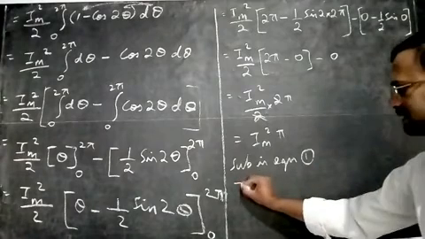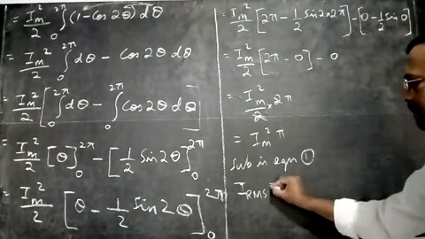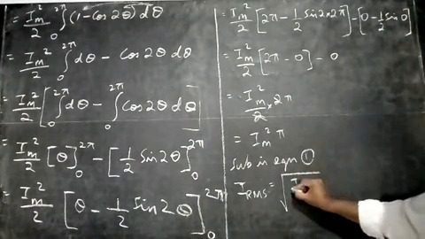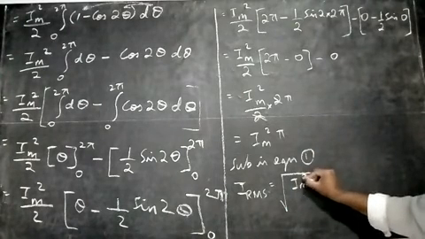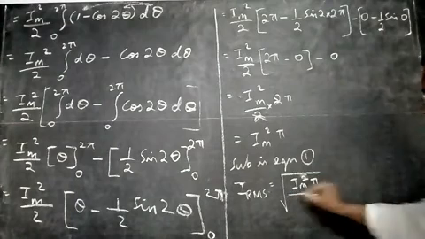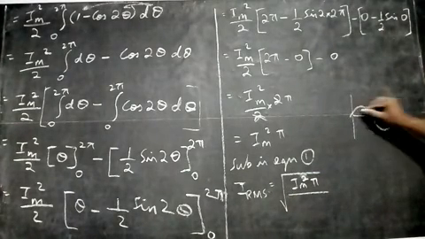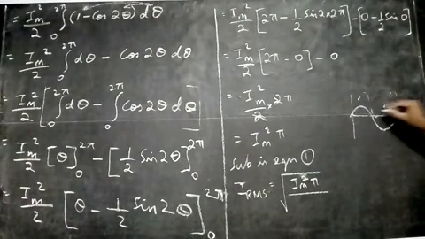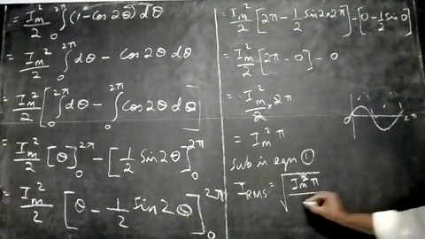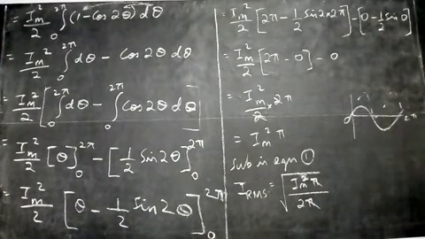So Irms will be equal to the root of the area, that is Im square into π, divided by the length. If you see, this was the graph we got, going from 0 to 2π, so the length of this graph was 2π. So π and π will cancel here.